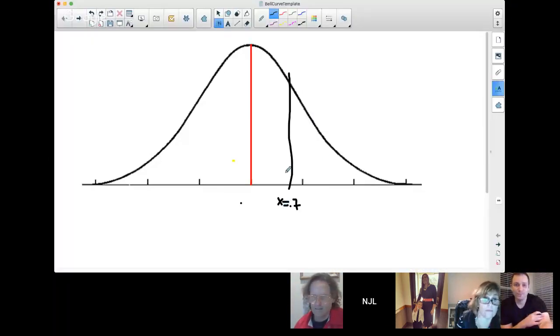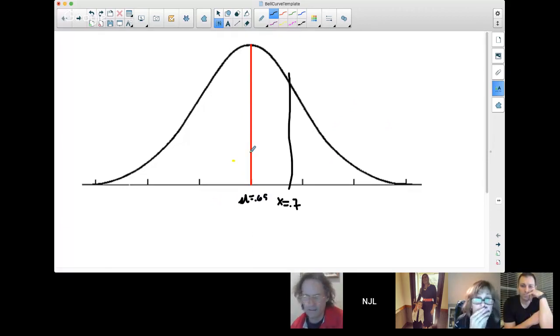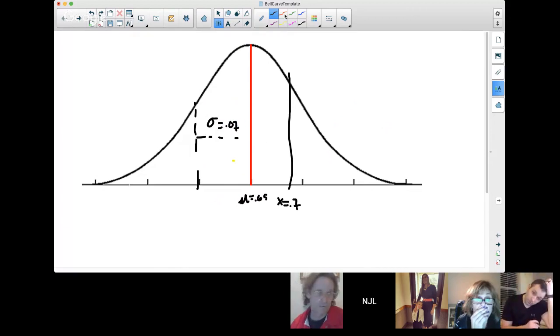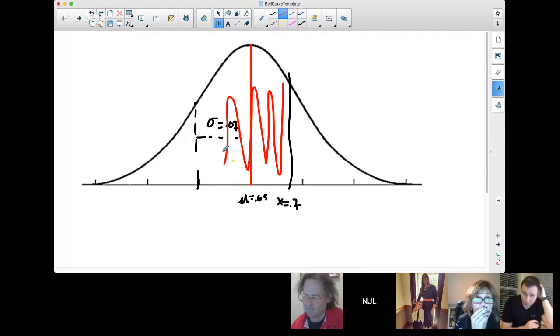Okay, so see, I just put 0.7 up there. Does that make sense? Mm-hmm. I've got the mean is 0.65. This standard deviation, I'll draw it on this side this time, is 0.07. And then it just asks me for area, right? All the area less than 0.7. Does that make sense?